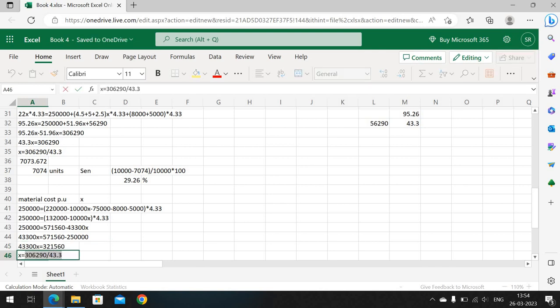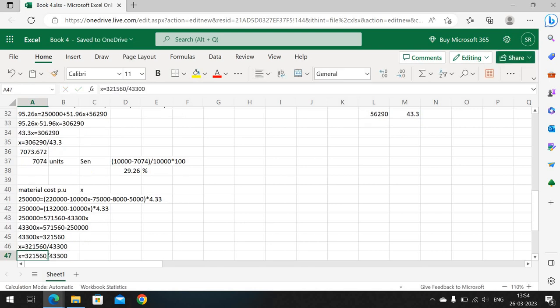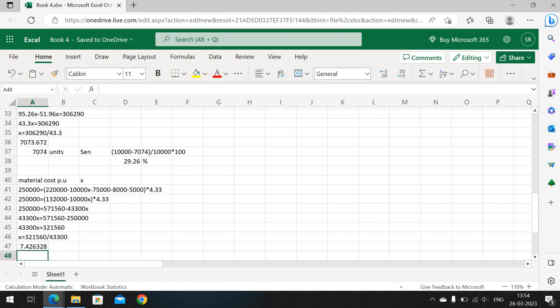So x is equal to 3,21,560 divided by 43,300. So x will be 7.426.